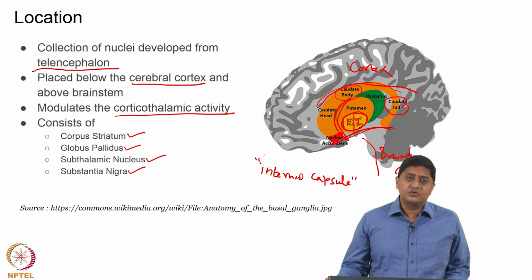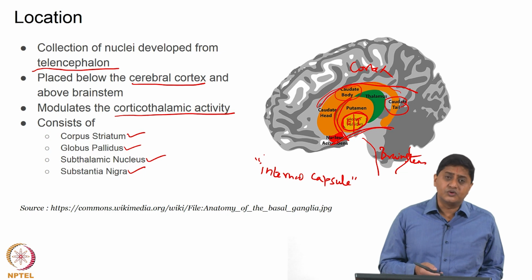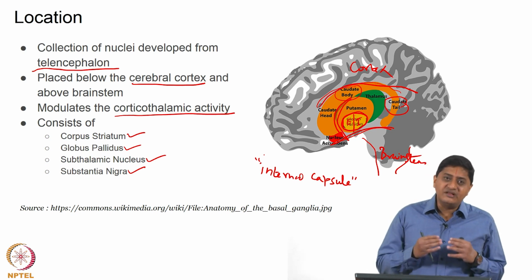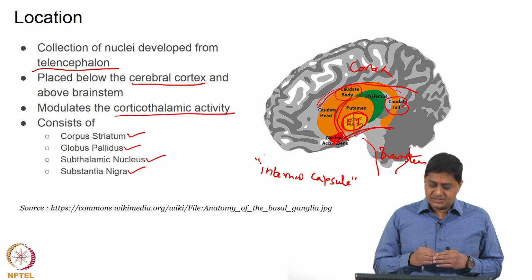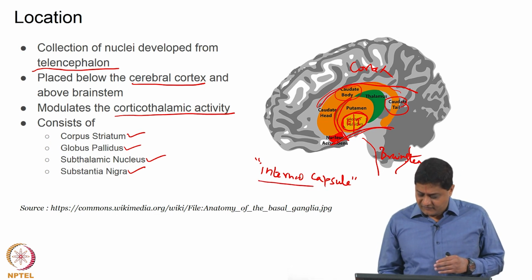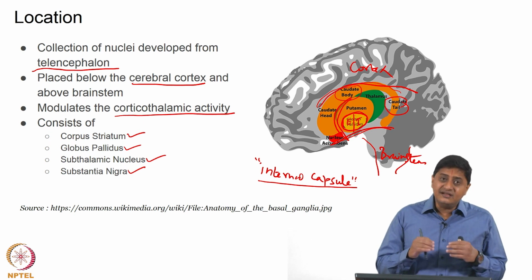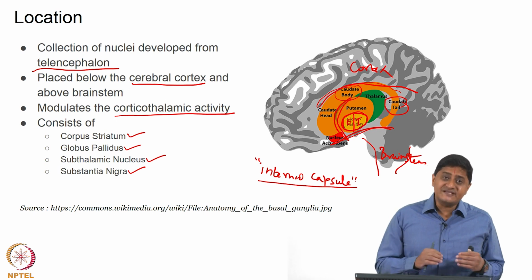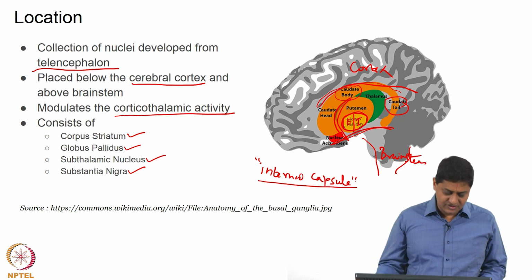White matter means groups of axons. Whenever you say grey matter, you are referring to neuronal cell bodies, and when you say white matter, you are referring to neuronal axons. So, bundles of axons going from cortex to lower structures; a very big bundle is called the internal capsule. This internal capsule separates caudate from putamen. Otherwise, caudate and putamen perform similar functions. We will discuss the functions in future classes.